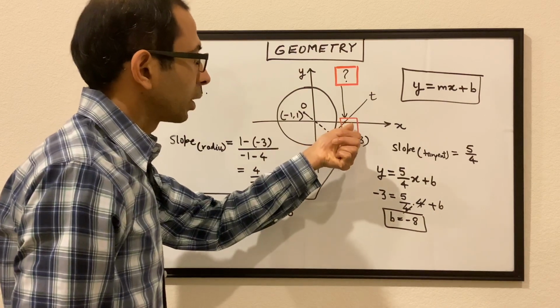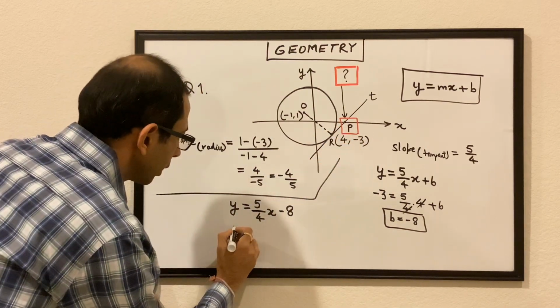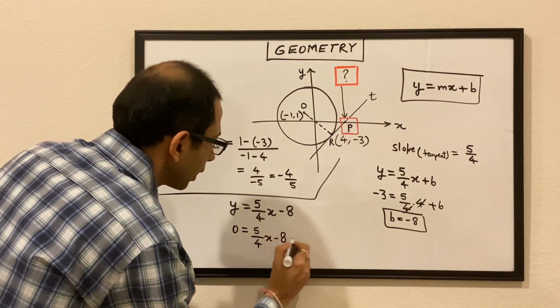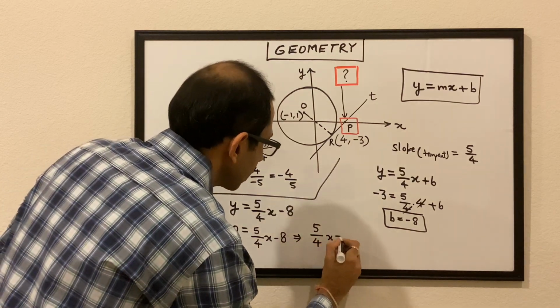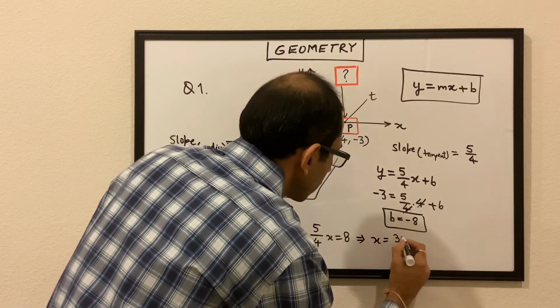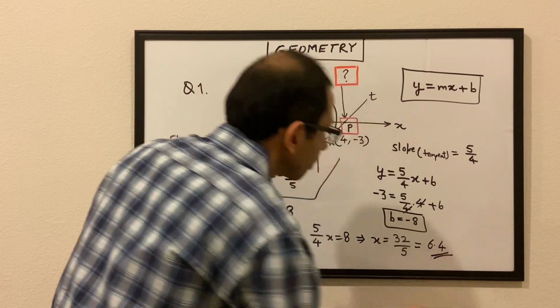Now to find the x-coordinate, the value of y is 0 here. So let's plug in the value of y as 0 here. So 0 is equal to 5 over 4 x minus 8, or in other words 5 over 4 x is equal to 8, or x is equal to 32 over 5, or 6.4, right?